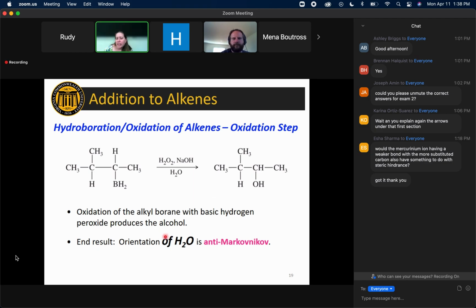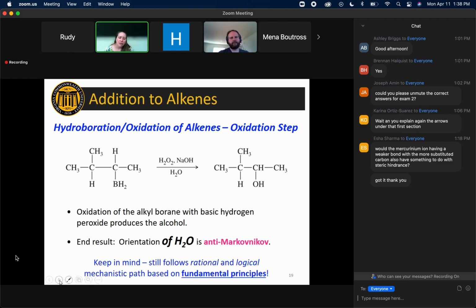And the other really key feature here is that the orientation of the water that's added is an anti-Markovnikov orientation, right? So we have now added a hydrogen, a second hydrogen, and an oxygen. So that's H2O that we've added across what used to be a double bond. And the OH in this case is on the less substituted carbon of the double bond, which makes this an anti-Markovnikov orientation.